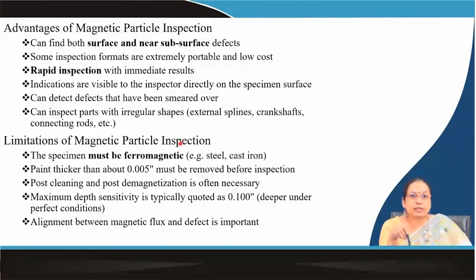Paint thicker than 0.05 inch must be removed before inspection, since it will not penetrate through paint. Post cleaning and post magnetization are often necessary. Maximum depth sensitivity is typically 0.1 inch, and alignment between magnetic flux and defect is also very important.